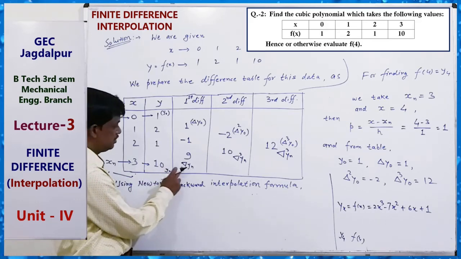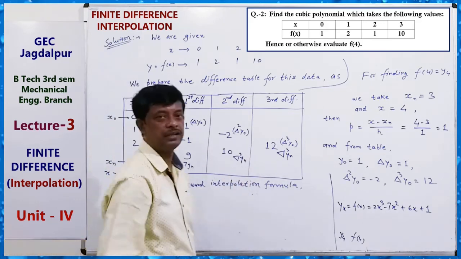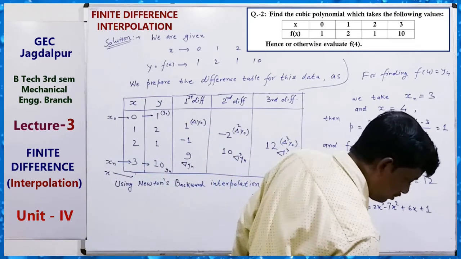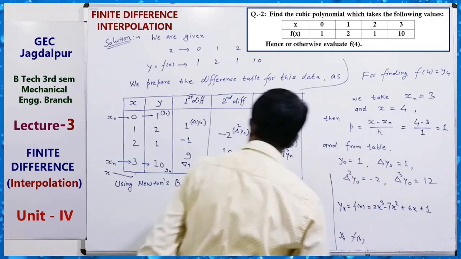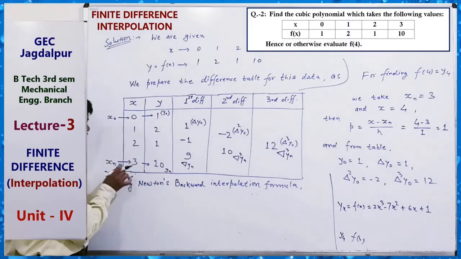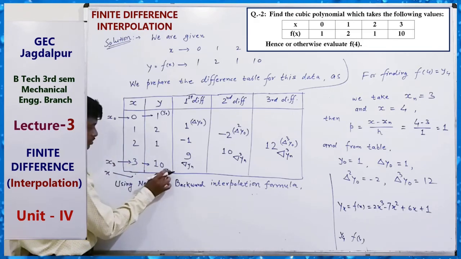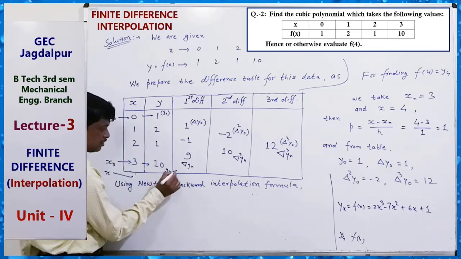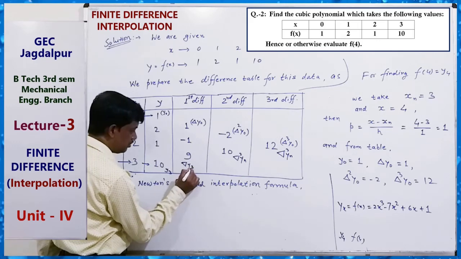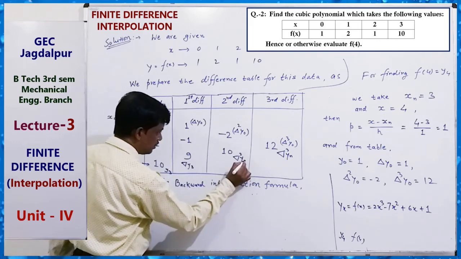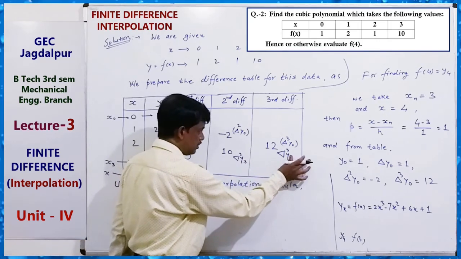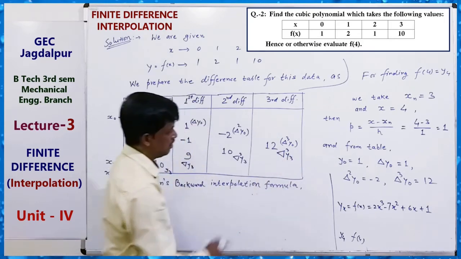Okay, this is the value. We can write like this also: 0, 1, 2, 3, we can write here x3, here 3. This is backward del.